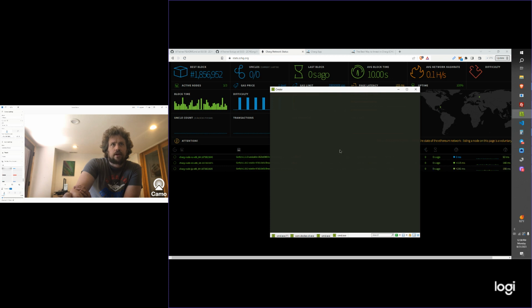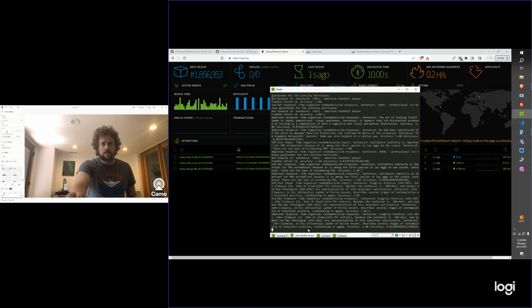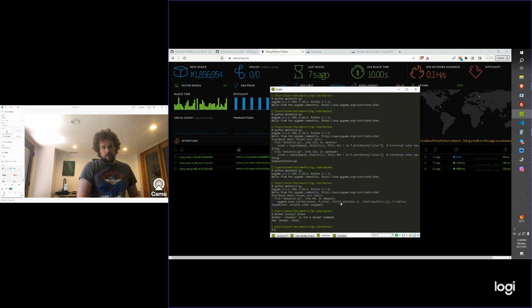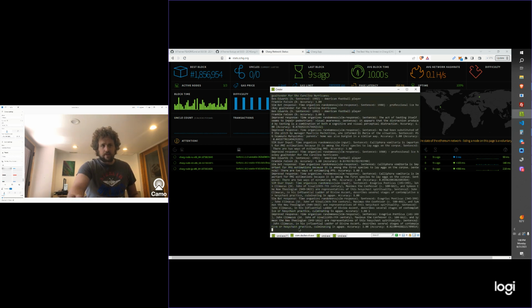Yeah, let's do that. Come on. I'm just going to do a Docker, what is it? The prune command. I forget the command. This messed me up.